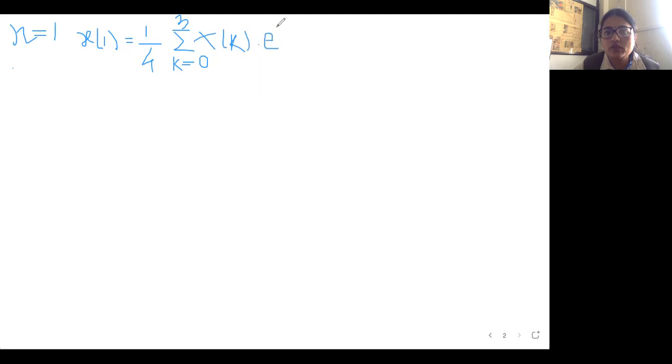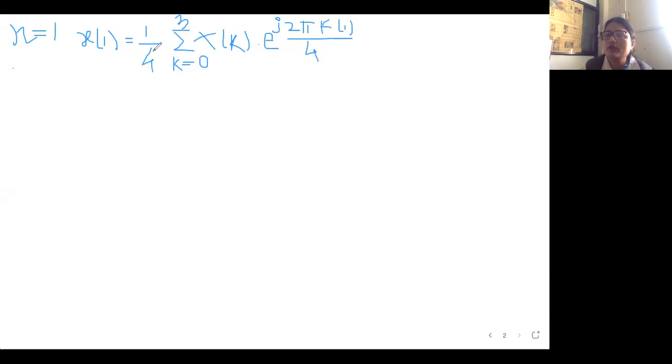It is going to be e raised to j 2 pi kn by capital N. Now here n is 1, so I am going to write the value of n as 1, and the value of capital N is 4.